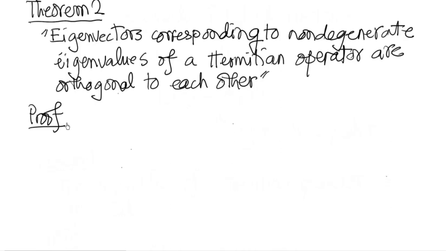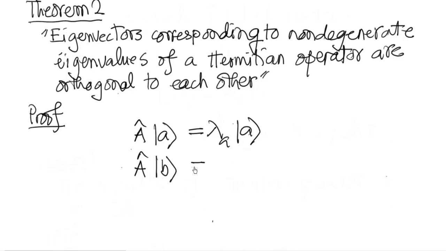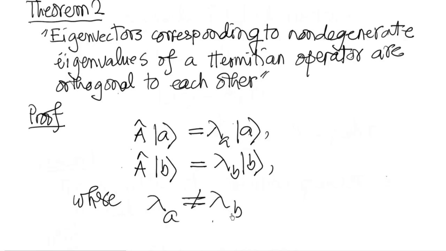And let us consider a Hermitian operator A and eigenvectors ket A and ket B corresponding to non-degenerate eigenvalues lambda A and lambda B, where lambda A is not equal to lambda B, and this is known as non-degenerate eigenvalues.